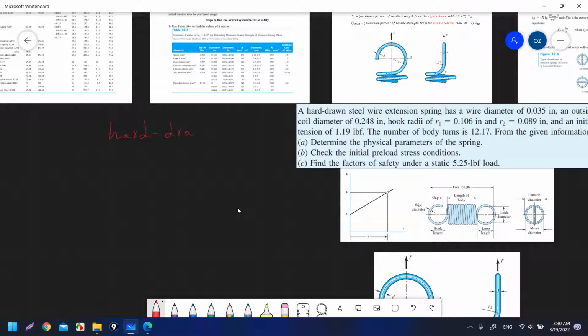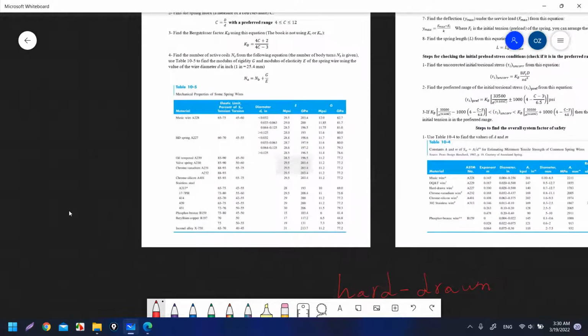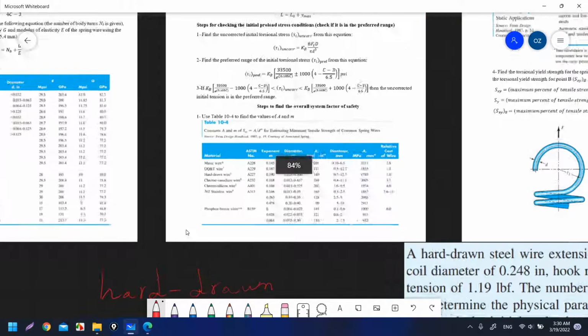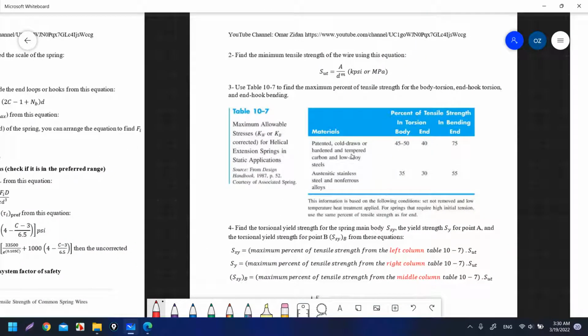You'll find in table 10.5 that this word HD means hard drawn. And you will find hard drawn again here in table 10.4, and you will find cold drawn or hardened in table 10.7.